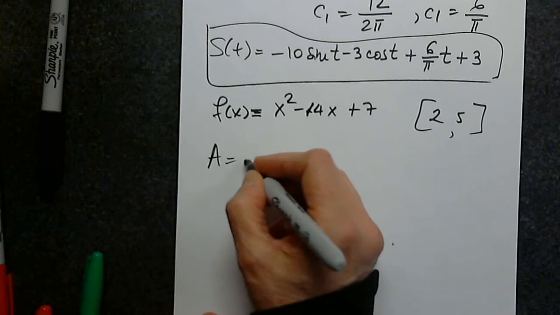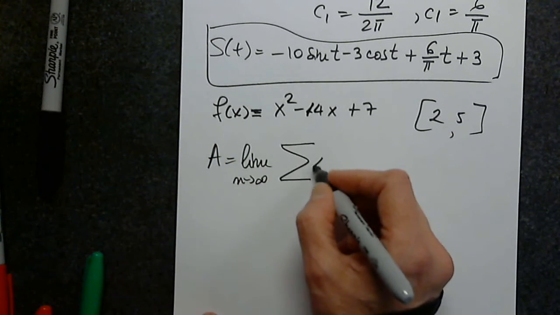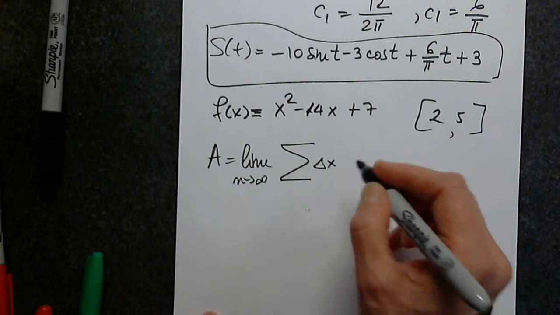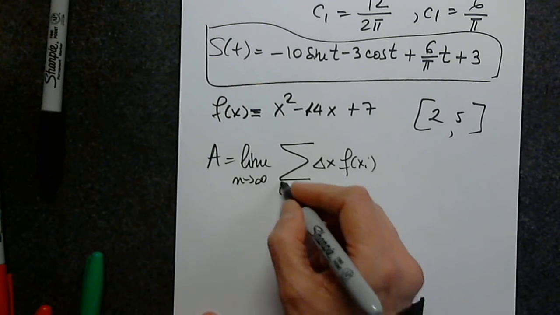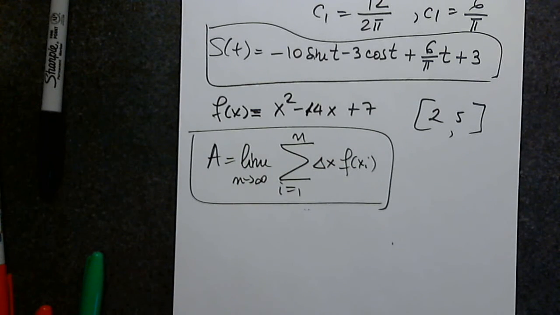And we will be using the limit as n approaches infinity from the Riemann sum, which is delta x times f of xi, from i equals 1 through n. So if you remember, this is something similar to what we did before derivatives, right?